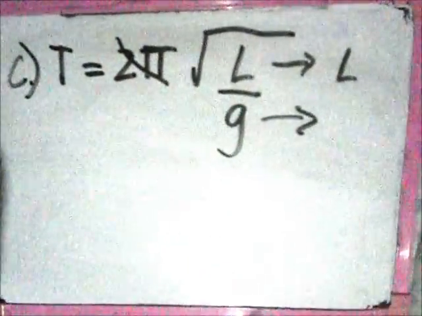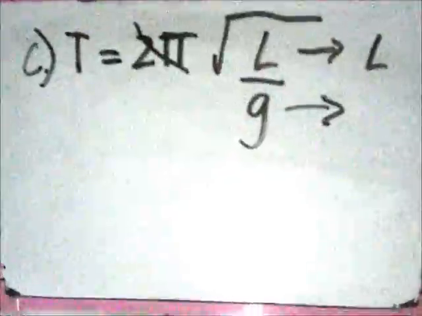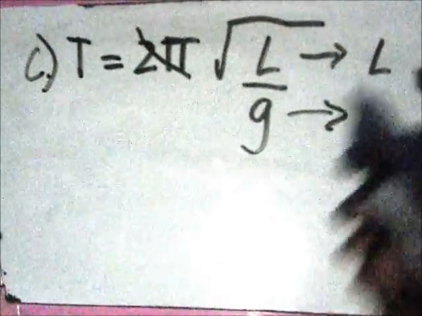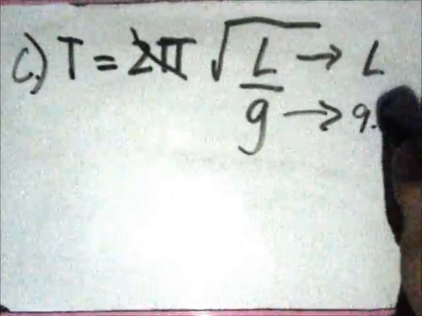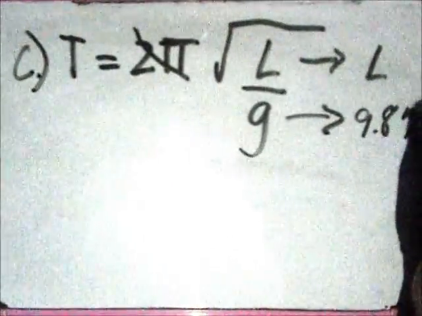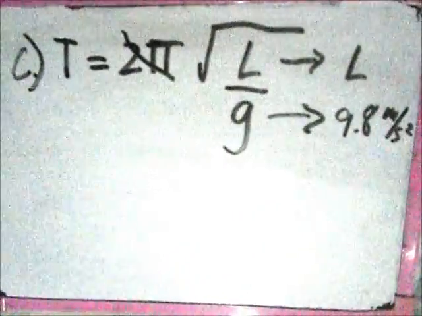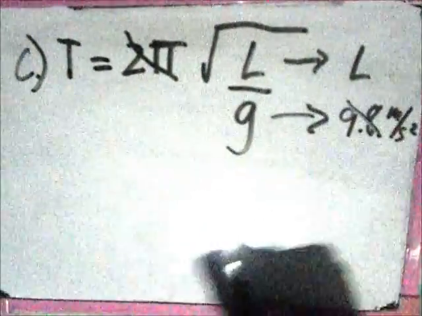And for the gravity, we know that gravity is the acceleration due to gravity and it is equal to 9.8 meter per second squared. And 9.8 will be neglected because it's dimensionless. So let's derive the formula now.